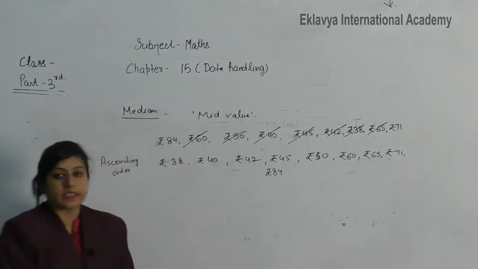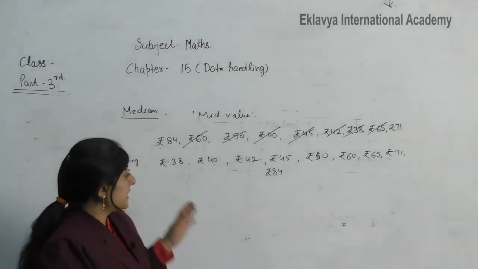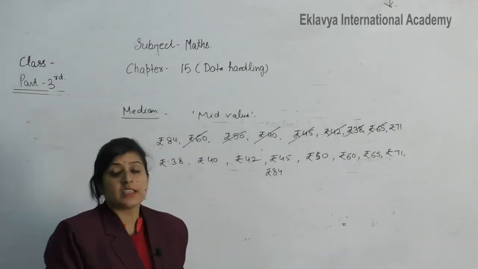Total 9 laborers here, and the salaries are arranged in ascending order.